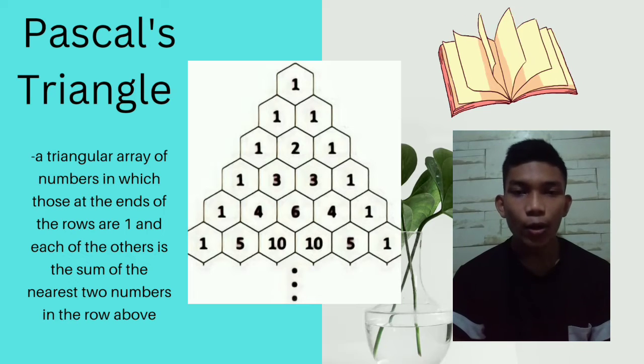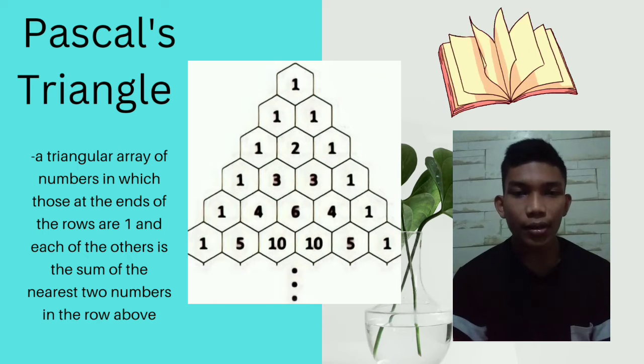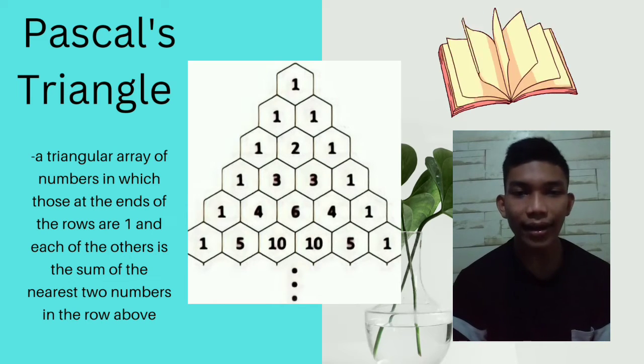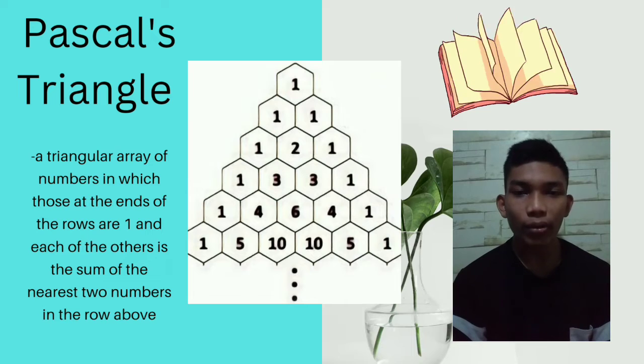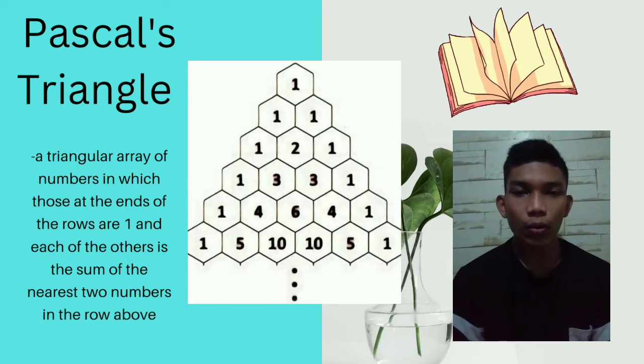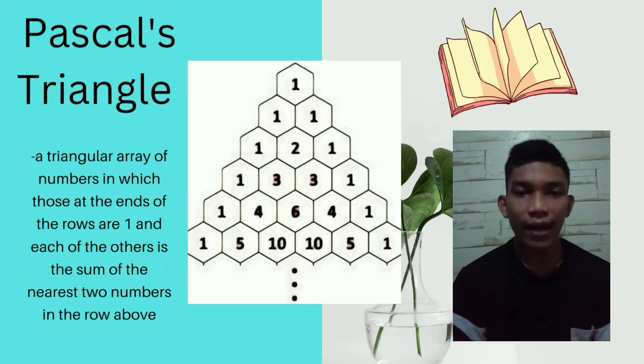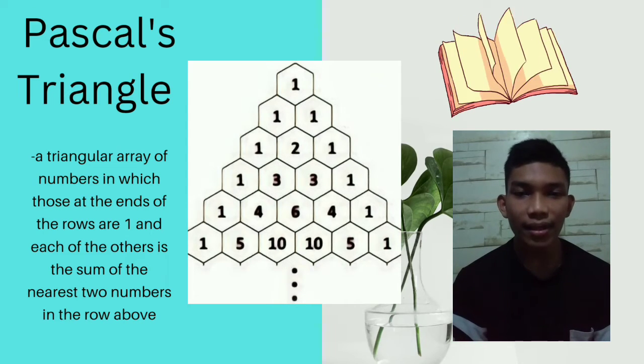On row 3, we have 1, 3, 3, and 1. Yung 1 sa pinakagilid ay isang root lamang ang iti-take ng ball para makapunta dun sa pinakagilid hanggang pababa. So, sa number 3, we have 2 plus 1. Sa above niya is 3.